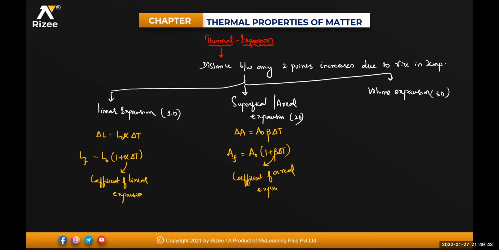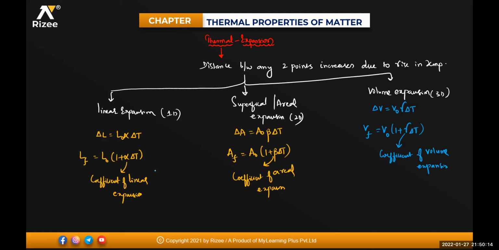And the third one is volume expansion, associated with three-dimensional bodies. Change in volume will be equal to original volume into gamma into delta T, or the final volume will be equal to V naught into 1 plus gamma into delta T, where gamma is known as the coefficient of volume expansion.